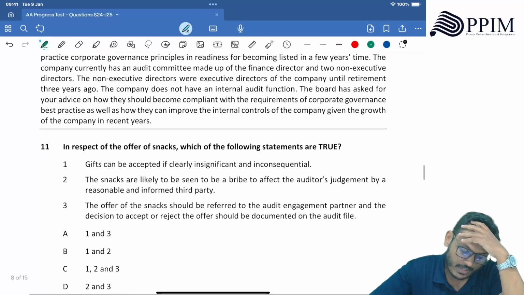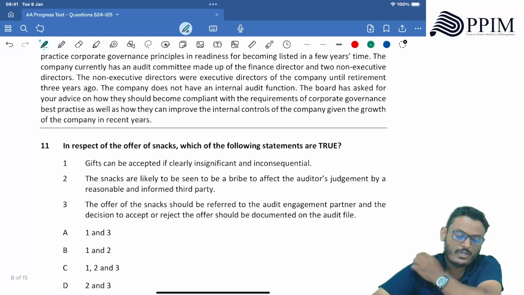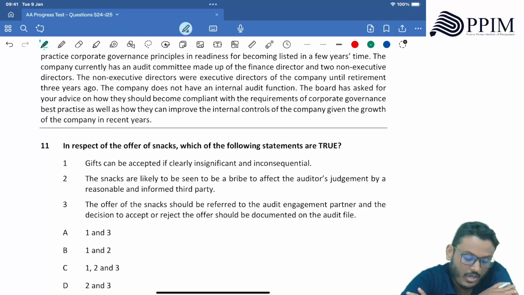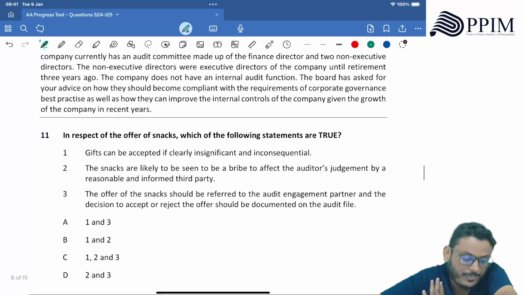The company does not have an internal audit function. The board has asked for your advice on how they should become compliant with corporate governance best practice as well as how they can improve internal controls.